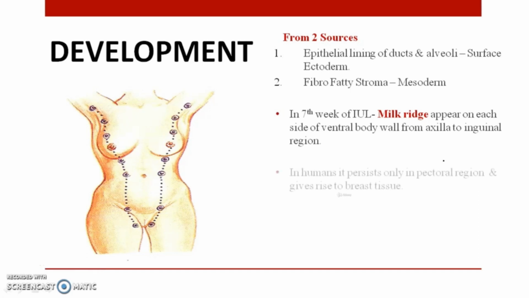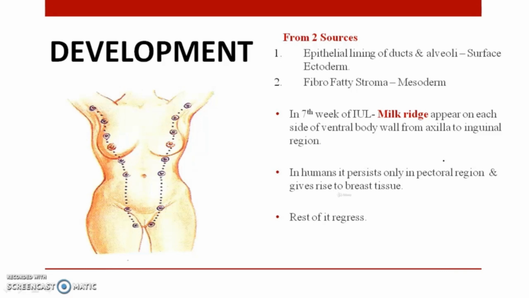Later, in humans it persists only in the pectoral region, which gives rise to the breast tissue. All the other parts from the axilla to the inguinal region, other than the pectoral region, will regress. Only what is present in the pectoral region stays, and that develops into the mammary gland. So the development of the mammary gland is very easy.